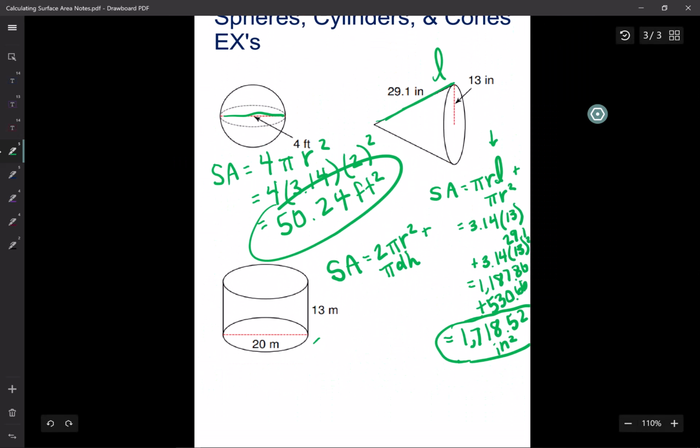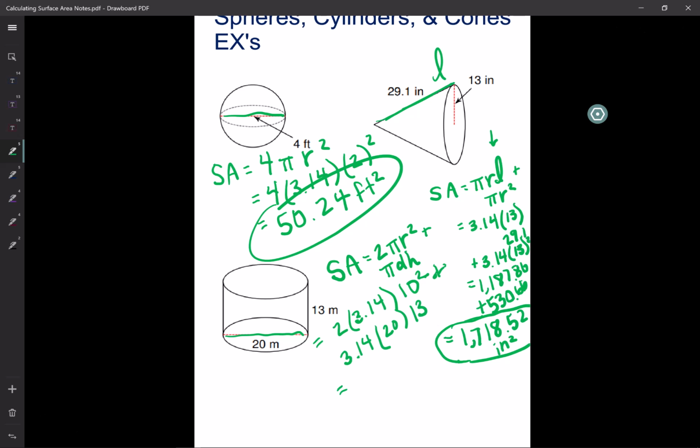So in this one, since they give us the diameter, I know that my radius is half of that, so it's 10. So I'll do 2 times pi times 10 squared plus pi times the diameter, which was 20, times the height, which they give us to be 13. And then give me a few moments to plug that into my calculator.